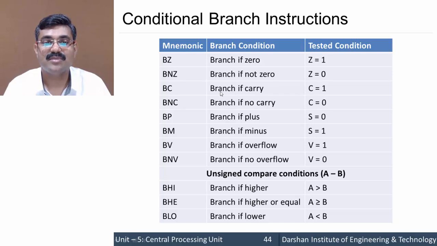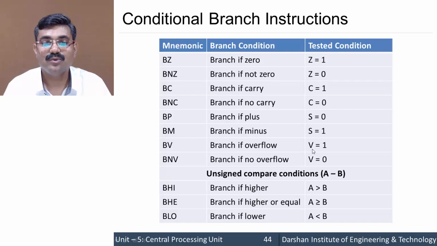BC, BNC, that means branch if carry, branch if no carry. Then BP and BM, branch if plus and branch if minus. They are based on the S flag, the S status bit. Carry is based on the C status bit. Same way we have BV, branch if overflow, and BNV, branch if not overflow, so they are based on the V flag.